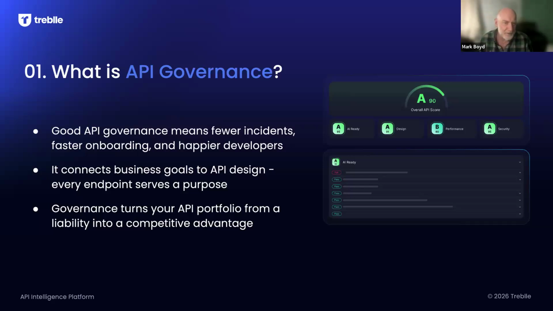The first point also gets to some of the real benefits of governance. We see it as policies and processes that let you harness the full value of your APIs, which means fewer incidents, faster onboarding, happier developers. To us, it's about getting the full value out of your APIs. That's what governance is.